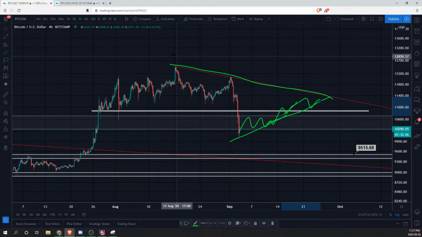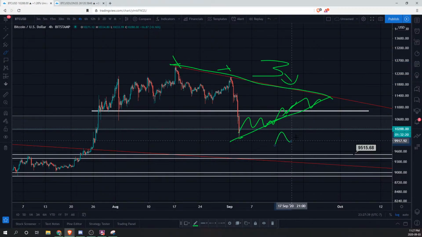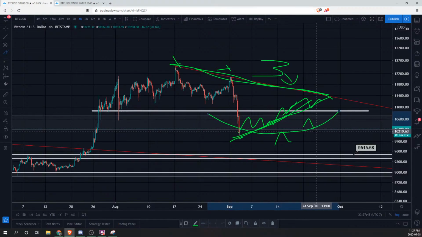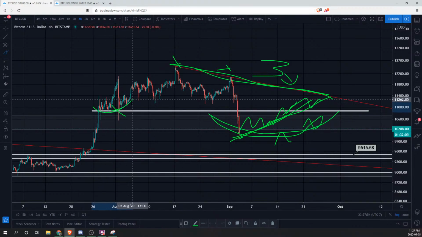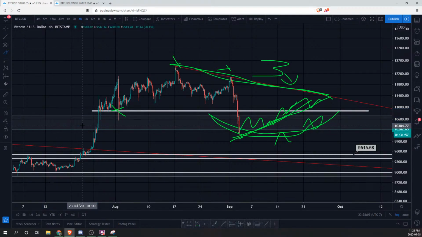So then you're going to be looking for 1, 2, and that third validation somewhere along this zone, and then 1, 2, 3 validations of that support, creating a symmetrical triangle, which then you have edge trading to the upside, holding this around 10.4, 10.5k zone as a level of support, even though we broke this minor level of support right around there, because the major level on the weekly still shows that this is a key level of demand on the weekly and monthly chart.